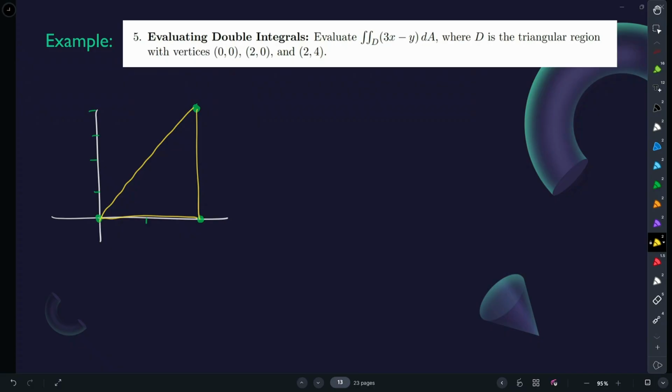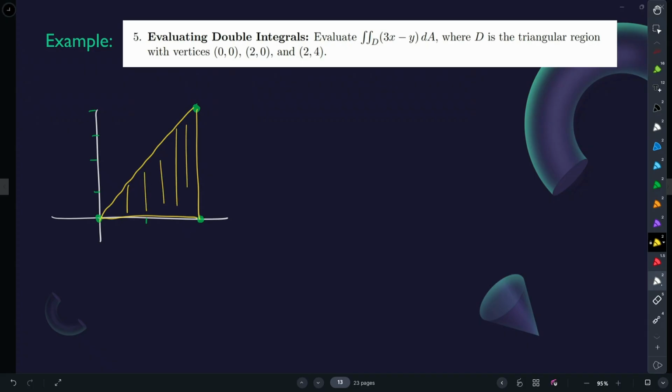I can set it up in 2 ways. I could go in x and then y, or I can go in y and then x. That's up to you. It just seems easier to go in x first and then in this direction because y will start at 0. So I'm going to integrate in this direction.